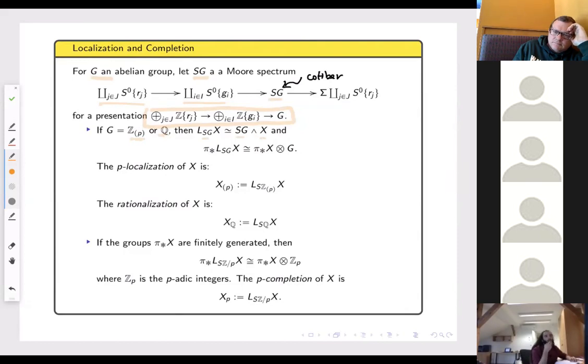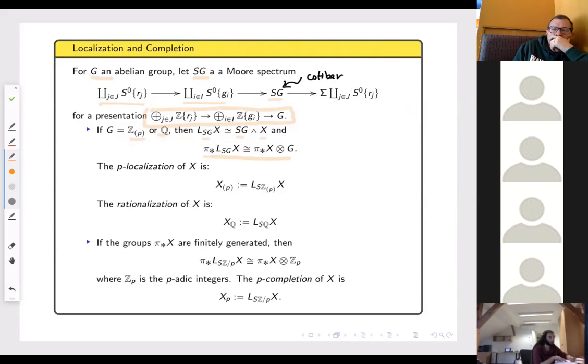And the homotopy groups of the localization are just: you take pi star of X and you tensor with G. That should remind you, in a lot of cases, of what you do when you p localize. Suppose you take a ring and you want to localize it at P. Maybe you need some finite generation hypothesis, but you can usually tensor with Z localized at P. Now this is a definition.